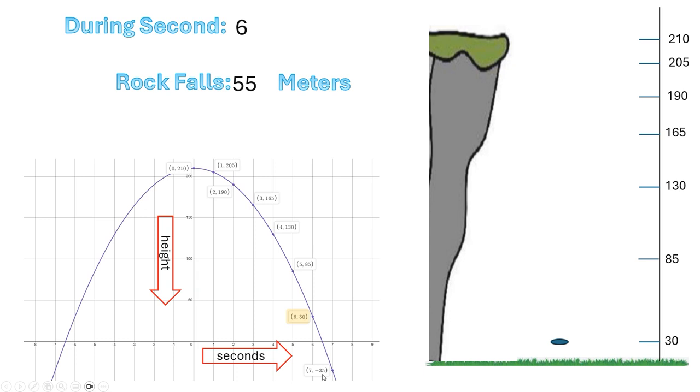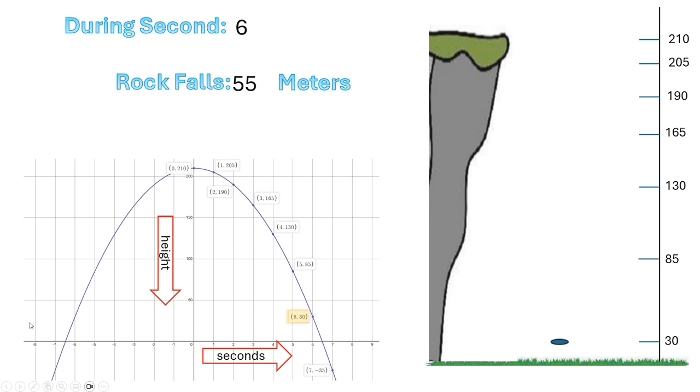This negative 35 doesn't really reflect reality. The rock is not going to suddenly be 35 meters underground. Also, this parabola doesn't really apply here because this would involve going back in time, -2, -3, -4 seconds.